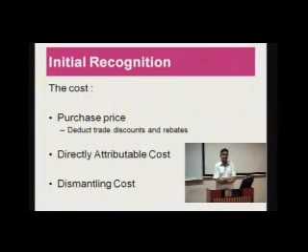And what is this cost? The cost may be the purchase price minus the trade discounts or rebates. That means don't show the rebates or discounts as income, but deduct them from the cost, plus all those expenses which are directly attributable to bringing the asset to working condition, as well as the expenses that you are planning to incur later on to dismantle that asset.